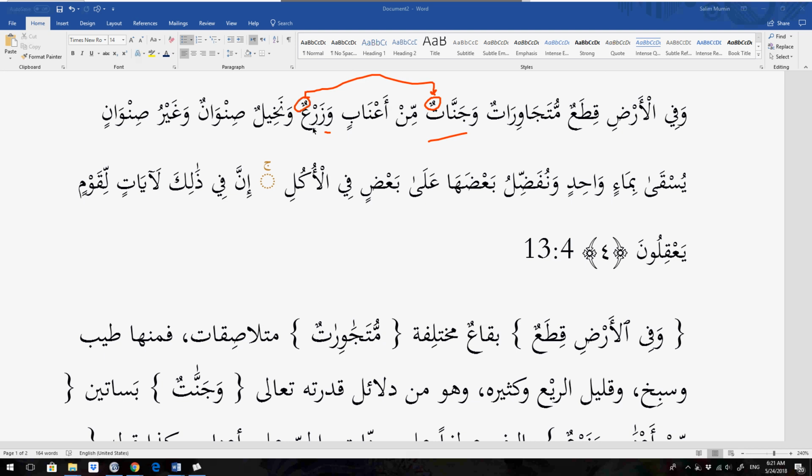But we have Jannatun wa Zara'un. That's why it's in that form. But if we say wa zara'in, then zara'in will be following a'nabin. So we say gardens of vines and crop.